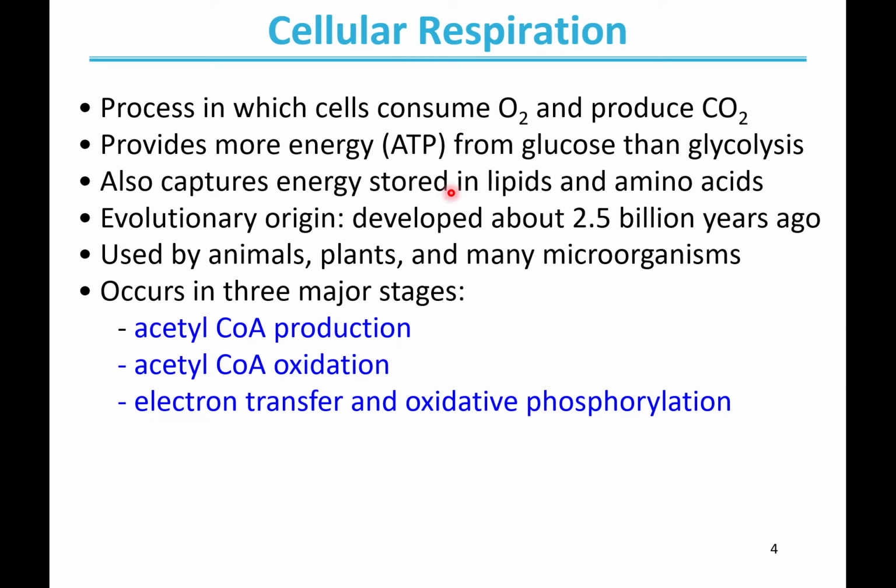Respiration also captures energy stored in the form of lipids and amino acids. We'll see a little bit of how amino acids play into this within the citric acid cycle. You won't really be responsible for specifics of that, but we will see some amino acid metabolism, or at least allude to it.